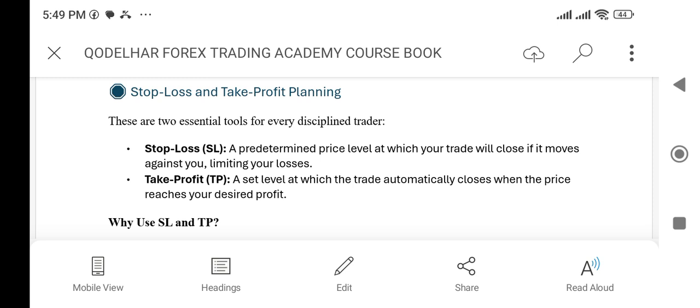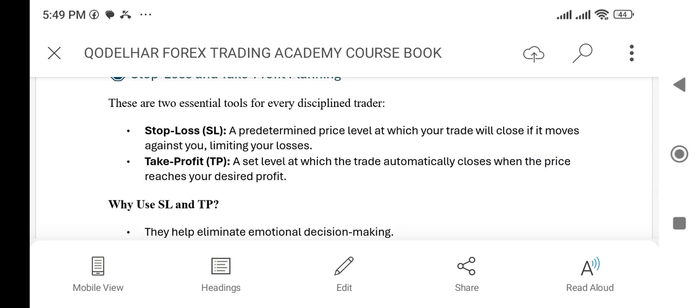A stop loss is a point you have predetermined, so that if this particular asset price goes against me, my trade should close at this level. I cannot lose more than this. I cannot bear more than this loss.